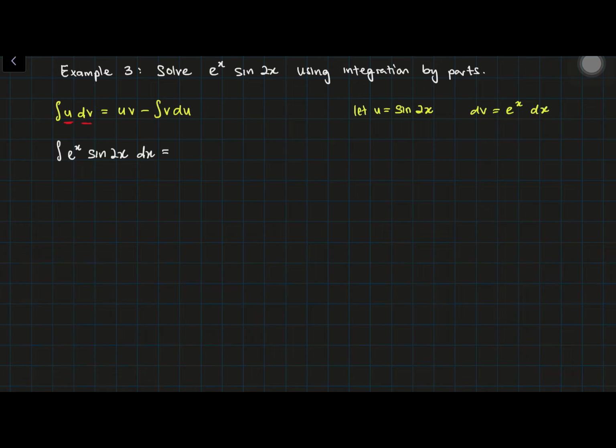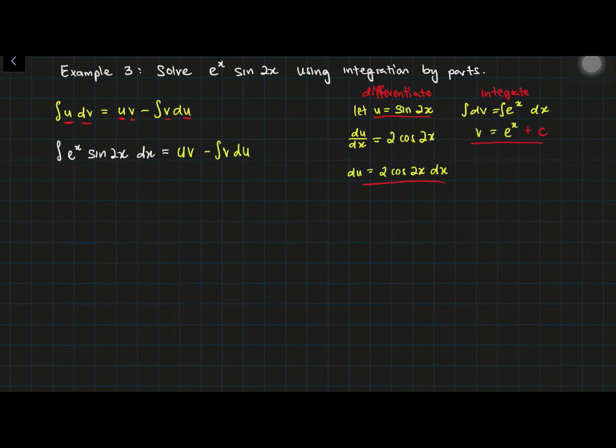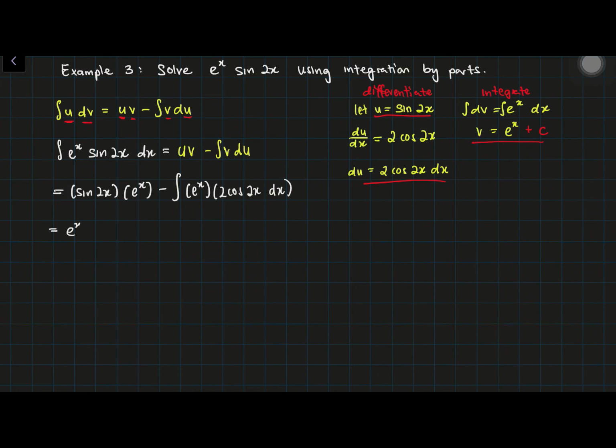Now let's go ahead and differentiate the left side and integrate the right side. Let's plug our u, v and du terms into the formula and perform the integration by parts. Similar to example 2, we have to perform integration by parts one more time.